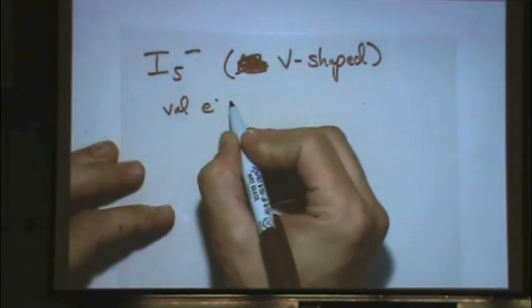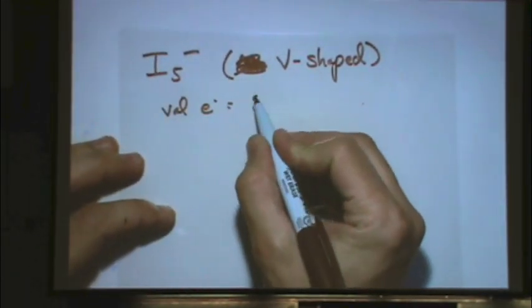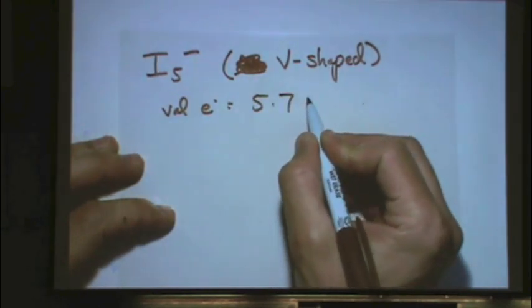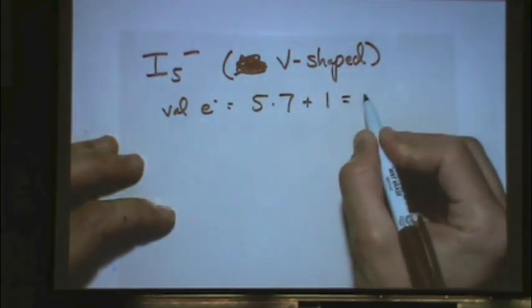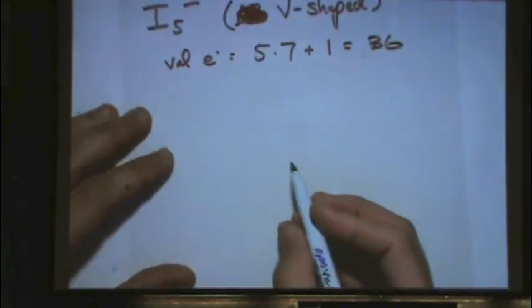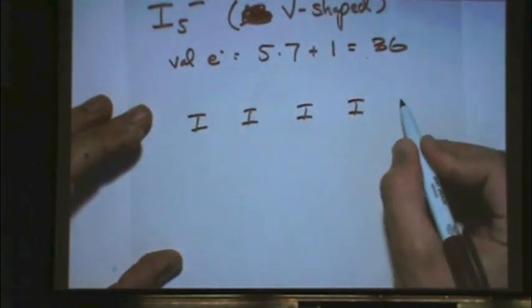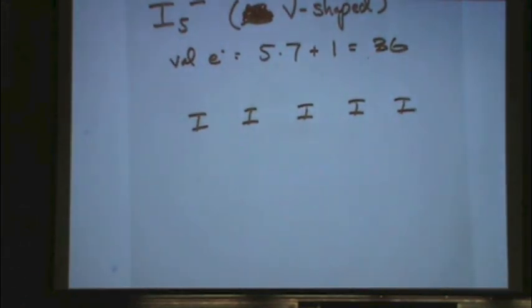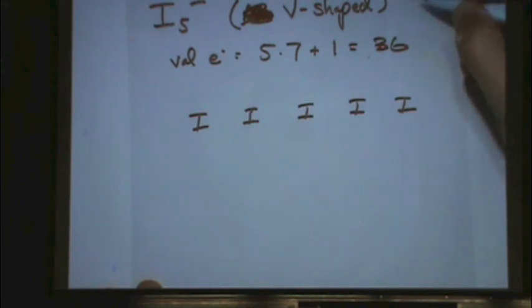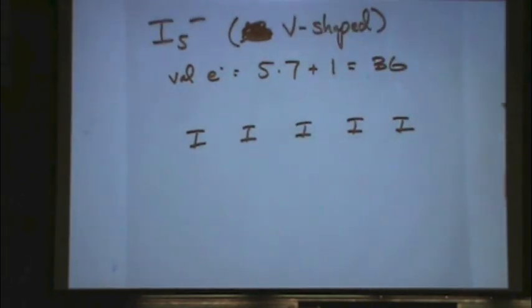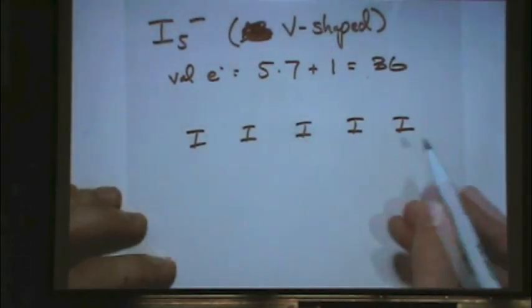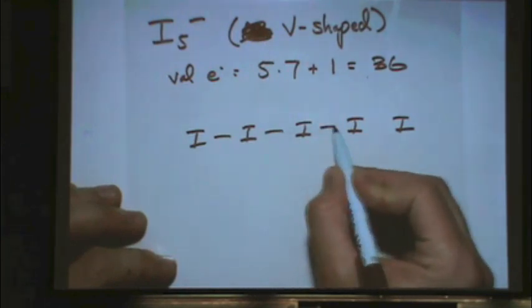Valence electrons. There's 5 iodines in column 7 plus a -1 charge. That's 35, 36. Now I could put them all in a clump, but that wouldn't get me towards a V-looking shape. Remember what a V looks like, that letter right there. So it has to be in a line, according to what they told me.